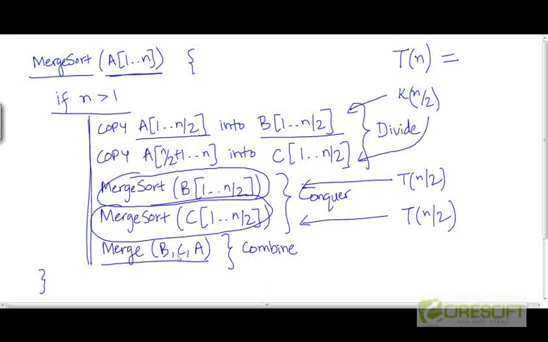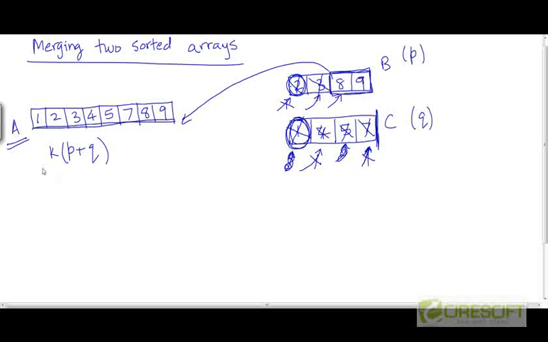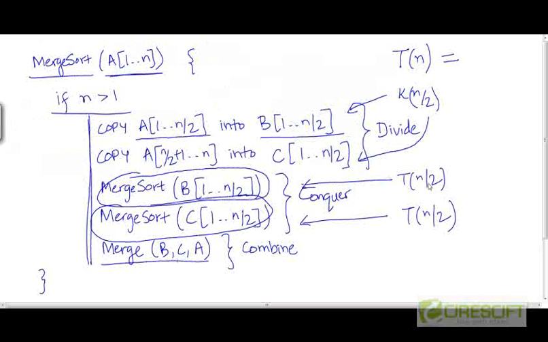And finally, we saw that when we merge together arrays of lengths p and q into a merged array A, the time that the merge procedure takes there is proportional to p plus q. And that's what we saw over here in a previous video. So p plus q, of course, here is nothing but n by 2 plus n by 2, because the values of p and q are n by 2.